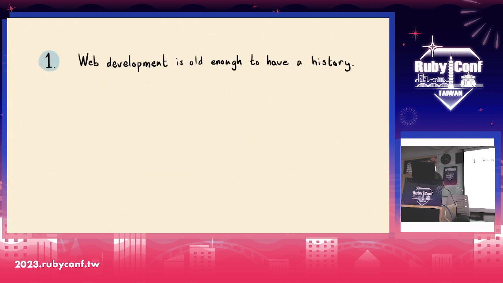So for this presentation, I have a thesis that we can summarize in 3 points. Firstly, we've been doing this for quite a while. A lot of the progress didn't happen in recent memory. So there's some sort of history around web development. Knowing history is good. I don't think that's very controversial, especially the history of our own jobs.